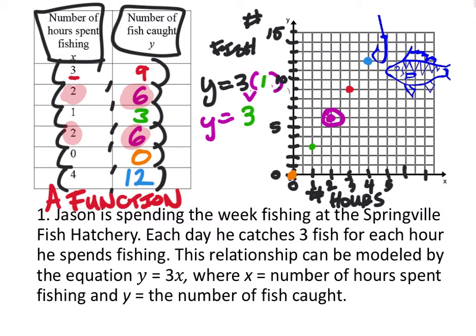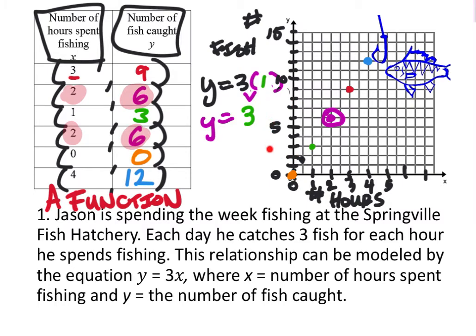Now, something else you'll need to consider is, do you need to connect the points? Well, if you did connect the points, then you'd end up with a point, for example, right here. This point right here represents half an hour, but also 1.5 fish, okay? Now, the problem with that is, well, you can fish for half an hour. You cannot catch a fish and a half, right?